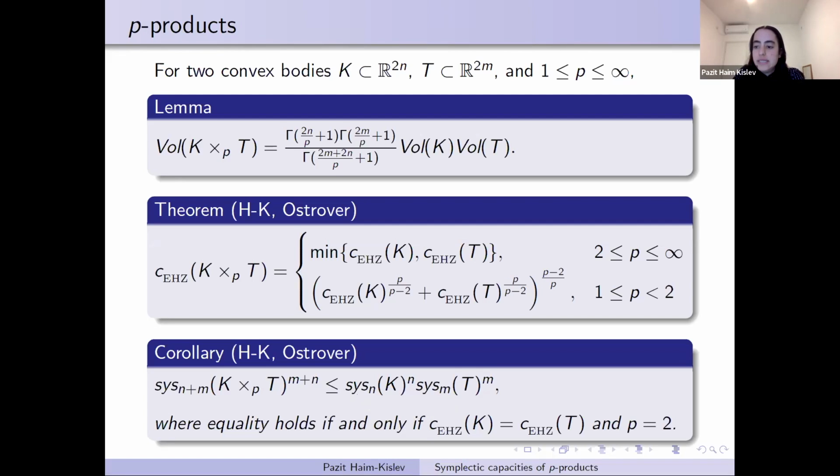And we really need this p-product because we use this for the 2-product. So we couldn't do it with the Cartesian product.